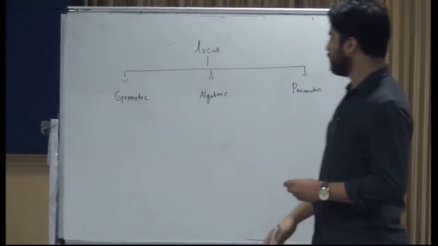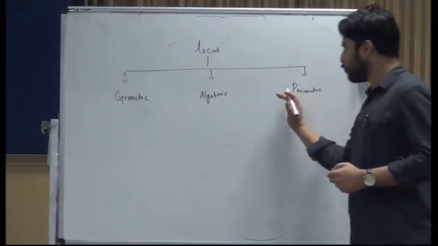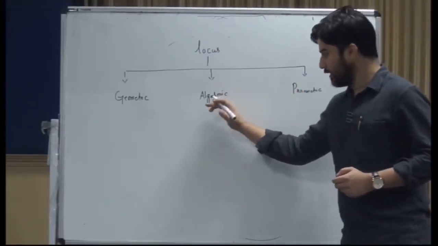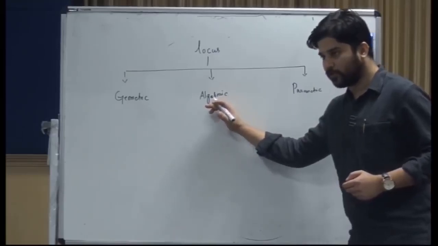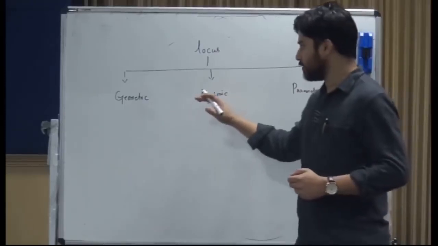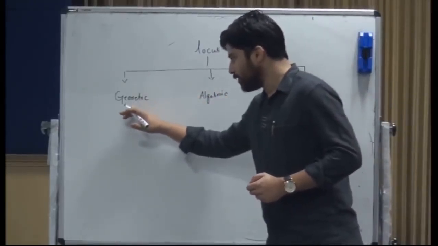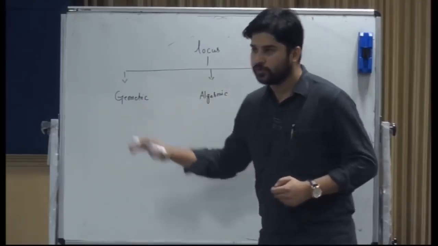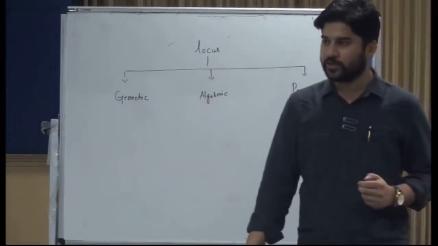So first we are going to see how to go from parametric locus to algebraic locus, and then we are going to do problems from how to go from algebraic to parametric. Then we will be seeing how to go from geometric to algebraic, and we'll see how to go from algebraic to geometric. Basically these type of questions we are going to solve.